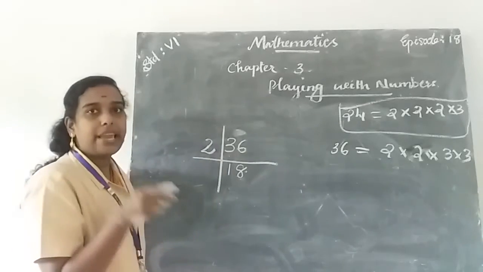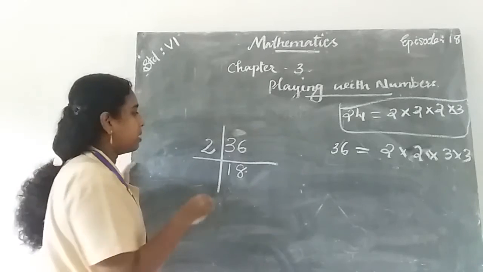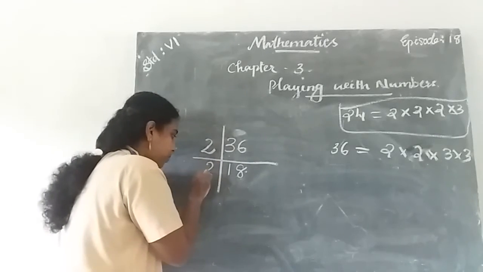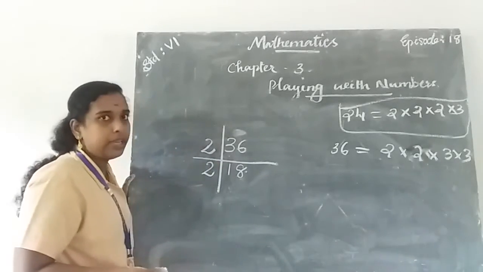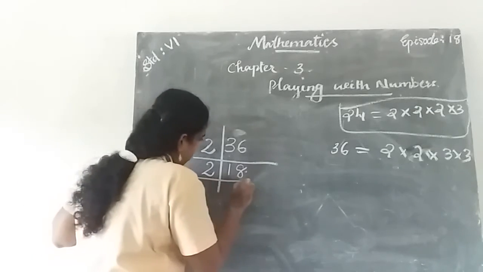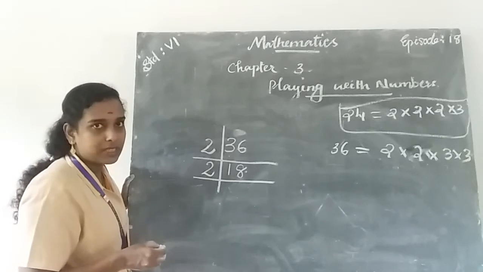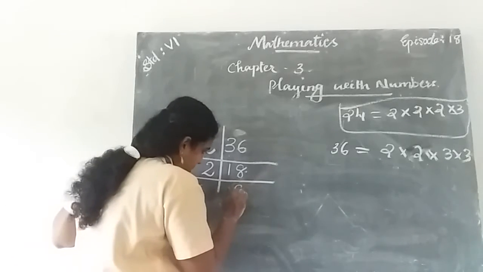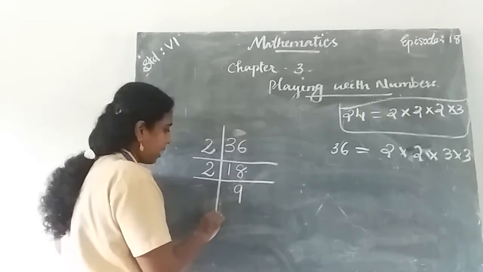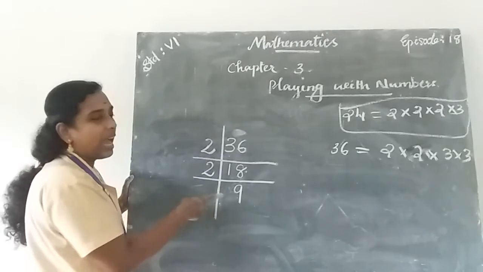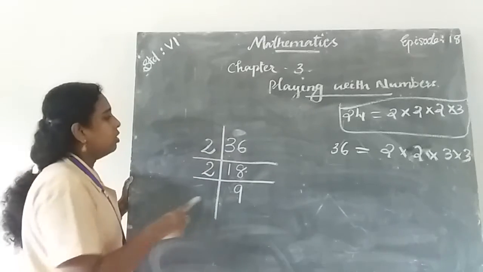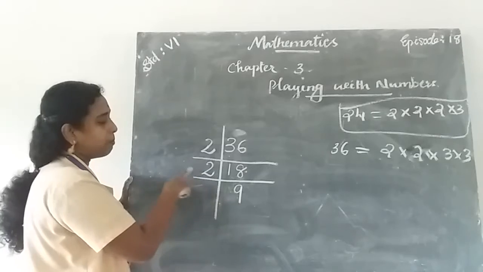And 18 is also an even number. So we use 2. Divide 18 by 2. How many 2s are 18? 9 2s are 18. So write 9 here. And 9 is not an even number, so we cannot divide 9 by 2.